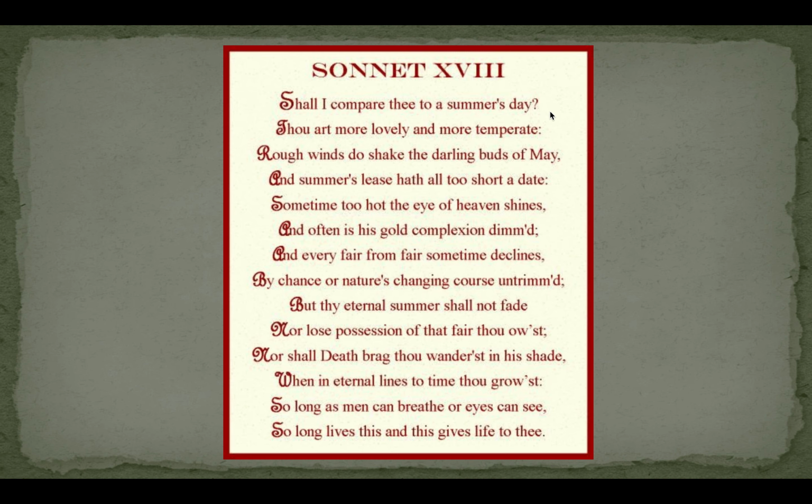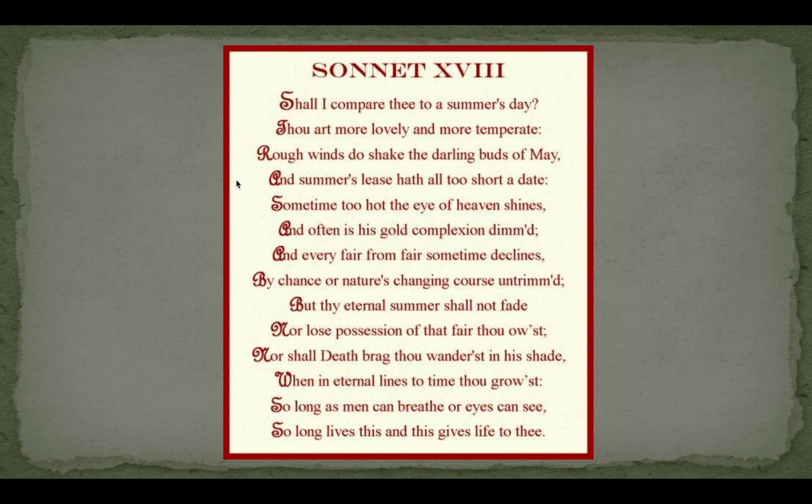We also have some ideas about themes. Not totally clear yet, but we'll get a better feel here. Thou art more lovely and more temperate. So we know at the get-go that the speaker is saying that the person he's comparing to a summer's day is more beautiful and has a better personality. So that's established right away.